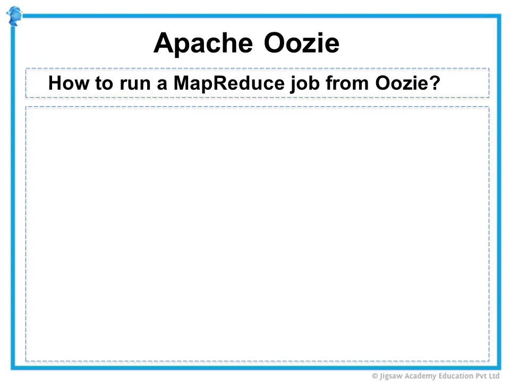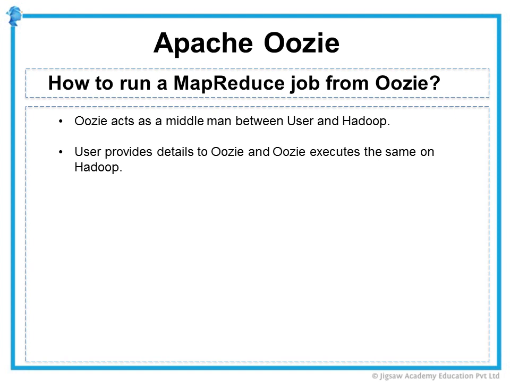Now let us see how to execute the same MapReduce job using Oozie. Remember, Oozie basically acts as a middleman between the user and Hadoop. So the user provides details of his job to Oozie, and Oozie executes it on Hadoop via a launcher job and returns the results.